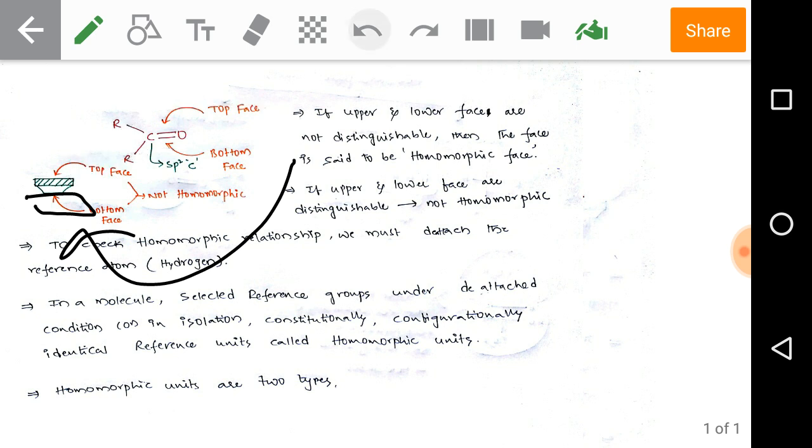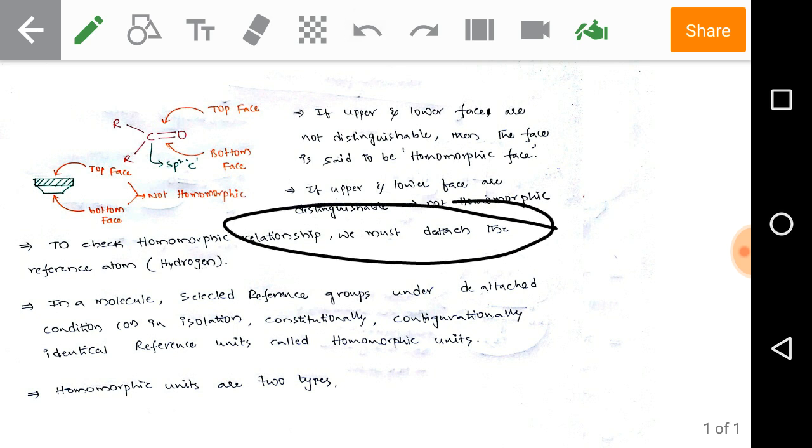Now to check homomorphic relationship, we must detach the reference atom. So here we are considering hydrogen atoms as reference atoms to know the relationship of the stereoisomers in the products. They may be homotopic, enantiotopic, or diastereotopic.